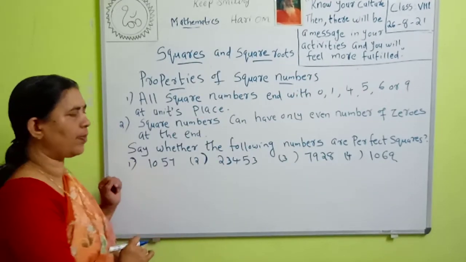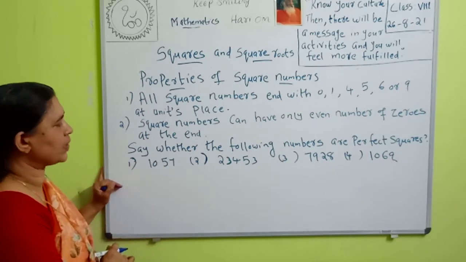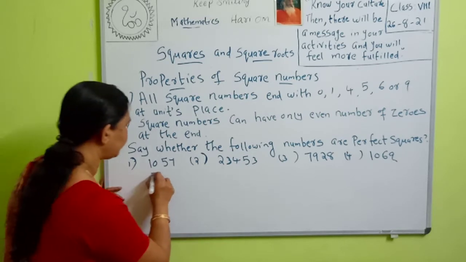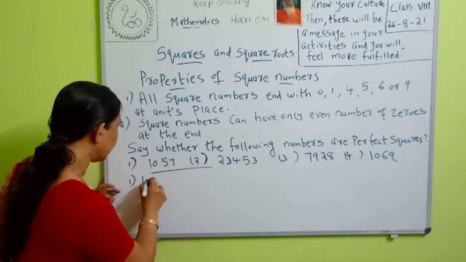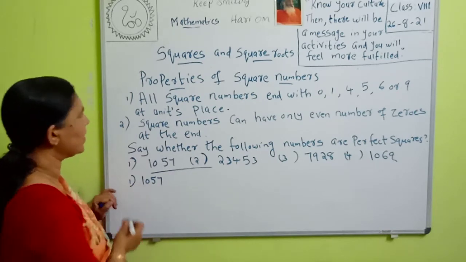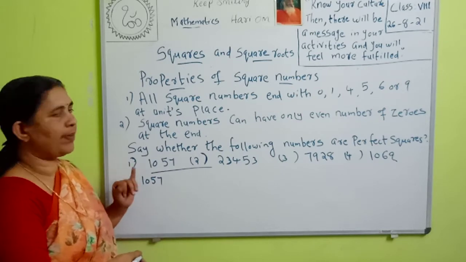Now we can do one problem. Say whether the following numbers are perfect squares. First question is 1057. Is it a perfect square? If it is a perfect square, what is the property of a perfect square number?